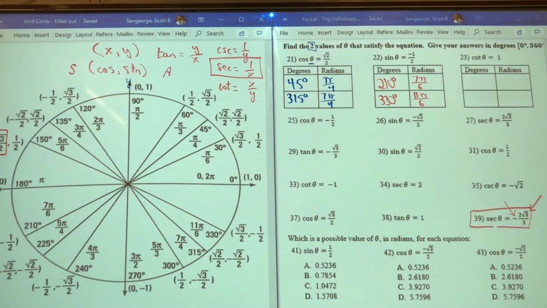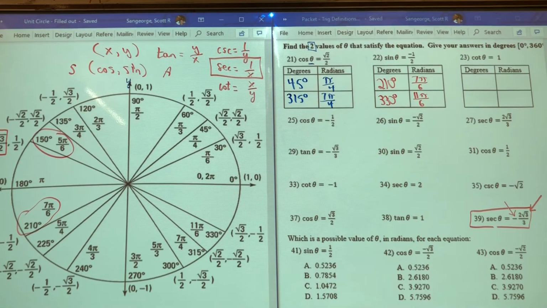So this is one possible value. We're going to check the math on it in a second. And the second possible value is I want another value where x is negative square root of 3 over 2. So x is negative square root of 3 over 2 here as well. And notice these are both in the pi over 6 family.